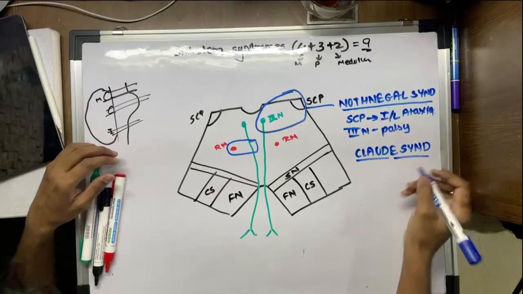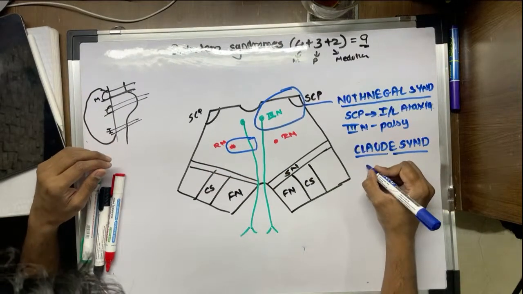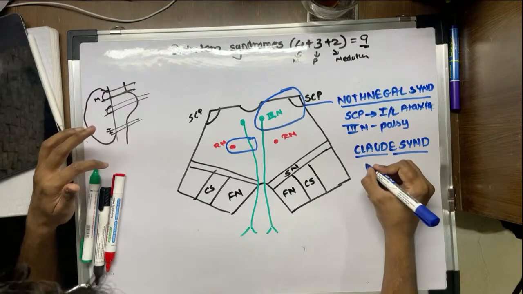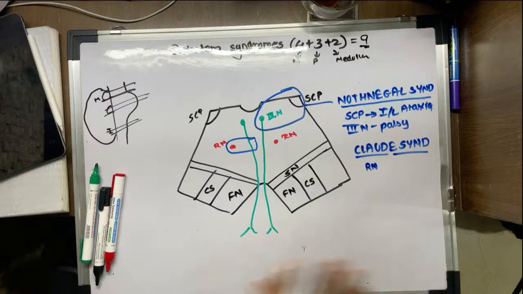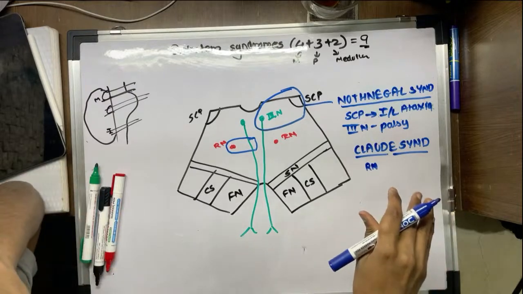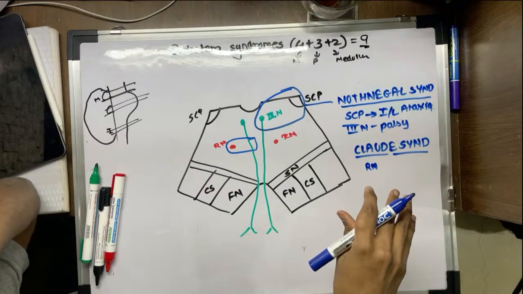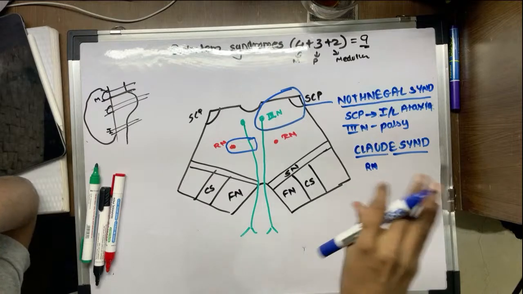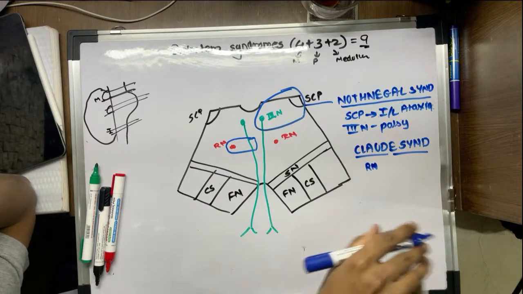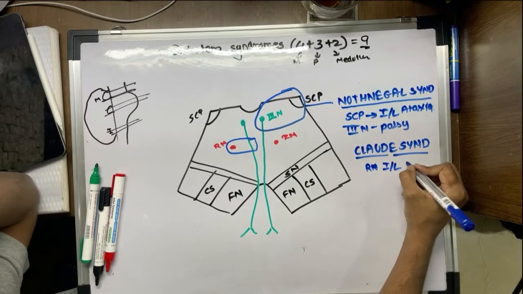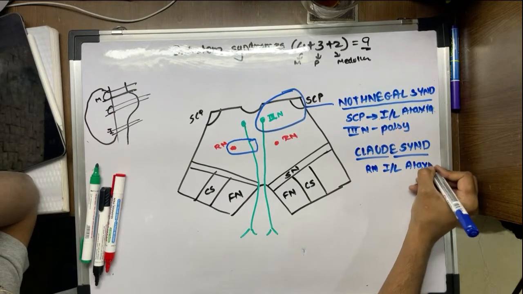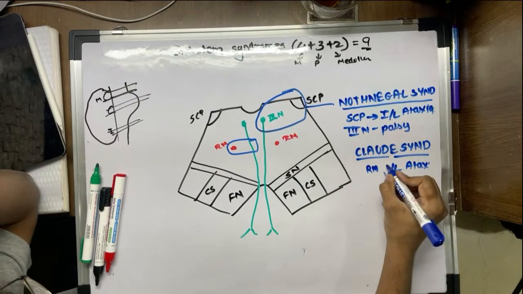Okay. So in Claude's syndrome, what is involved? The red nucleus. But we know that the red nucleus then crosses again and relays into the cerebellum, so it causes contralateral ataxia.